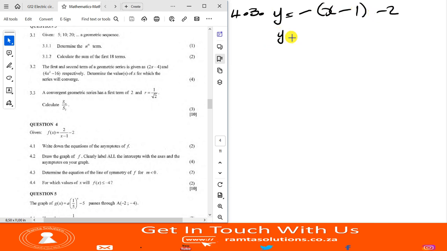This is y equals minus x plus 1 minus 2, then y equals negative x minus 1. Remember guys, you take this as is and this as is. But pay attention to the type of gradient they want. In this case, they wanted a negative gradient. Hence, I had to say negative, or minus. Do you guys see that?